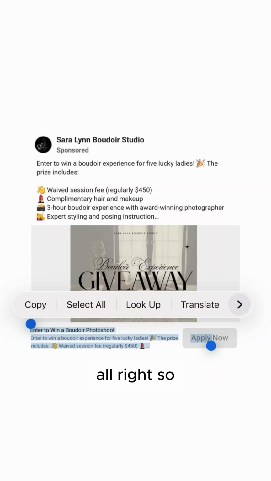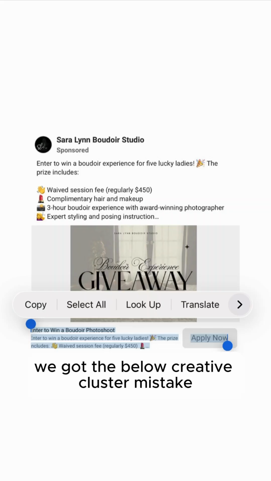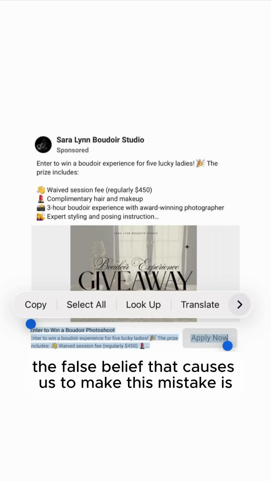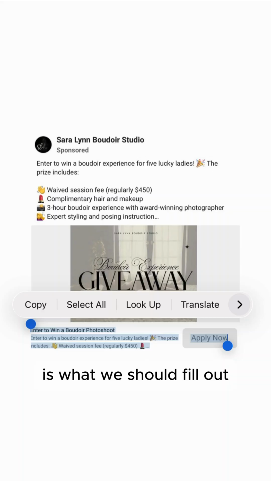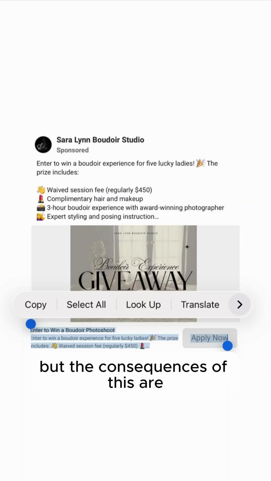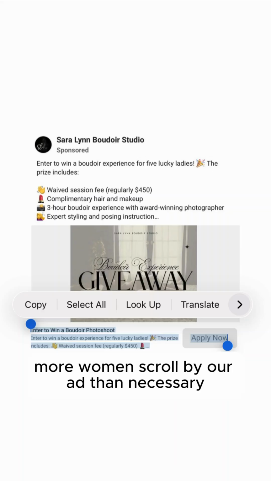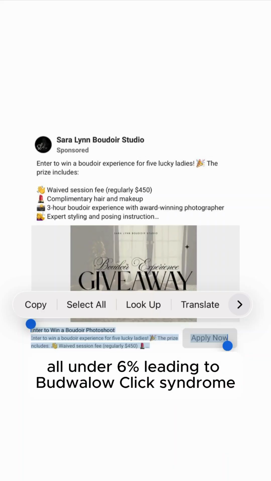All right, so what we see right here, we got the below creative cluster mistake. The false belief that caused us to make this mistake is we are trusting that what Facebook tells us to fill out is what we should fill out. But the consequences of this are more women scroll by our ad than necessary, pulling unique CTR all under 6%, leading to Boudoir low click syndrome.